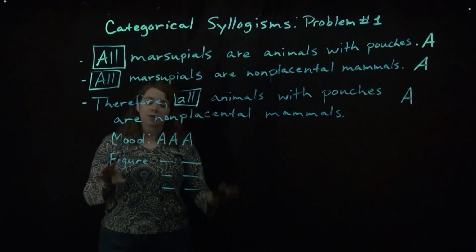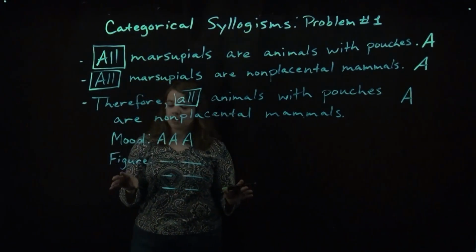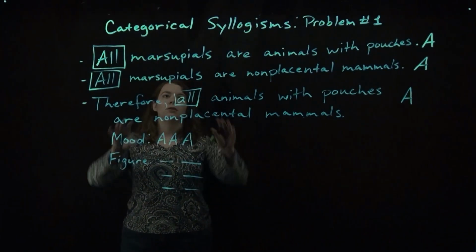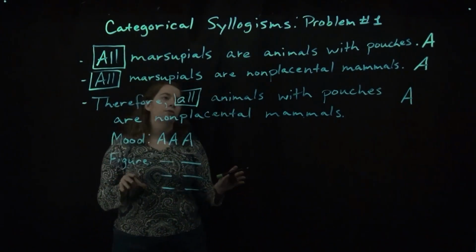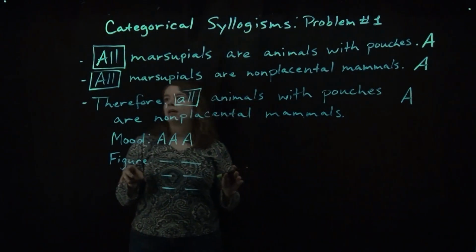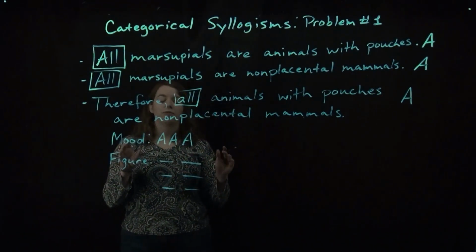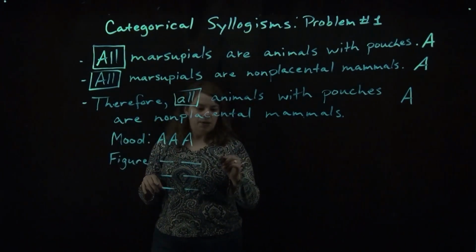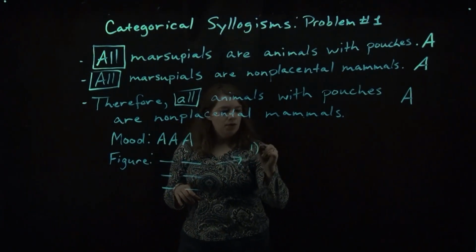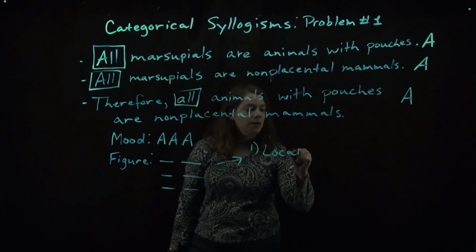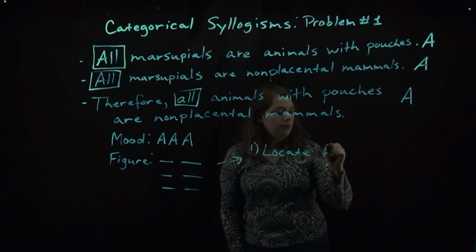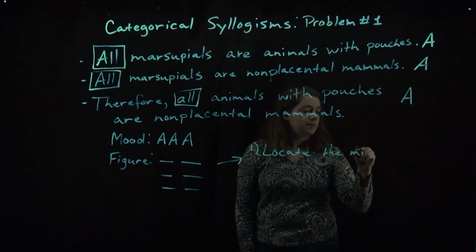Now, in order to determine whether or not this whole thing is valid, we need to figure out the figure of the syllogism. And in order to figure out the figure of the syllogism, the first step here will be to locate the middle term in the syllogism.